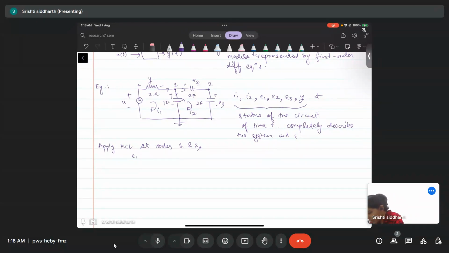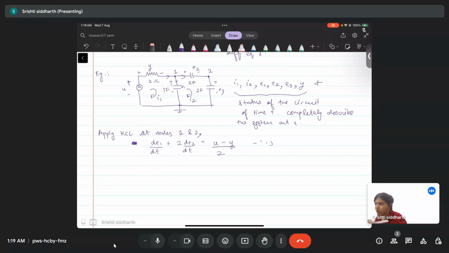So the current entering at node 1 is going to be dE1 by dt plus 2 dE2 by dt equals (U minus Y) over 2. Right, let's call this equation 1. Then for the second node, we would have 2 times dE2 by dt equals dE3 by dt.